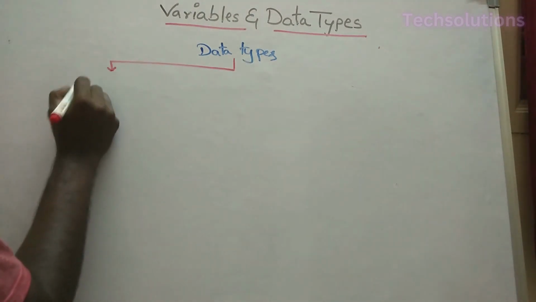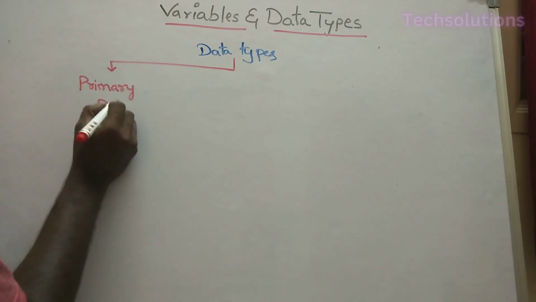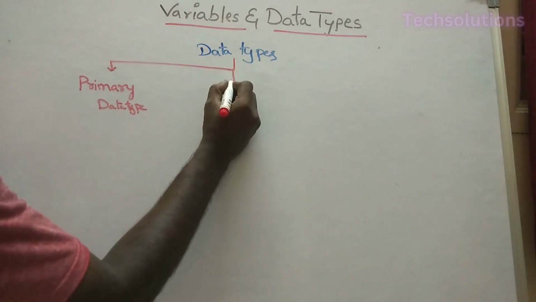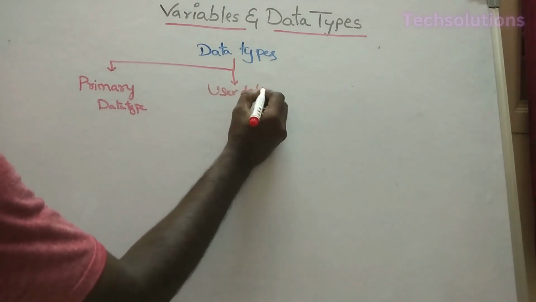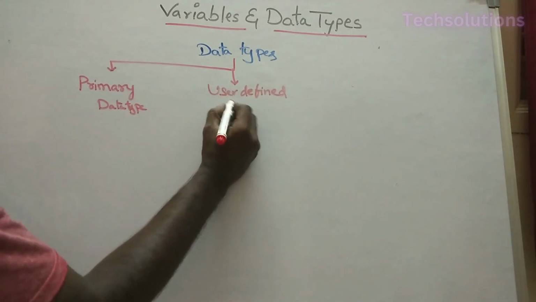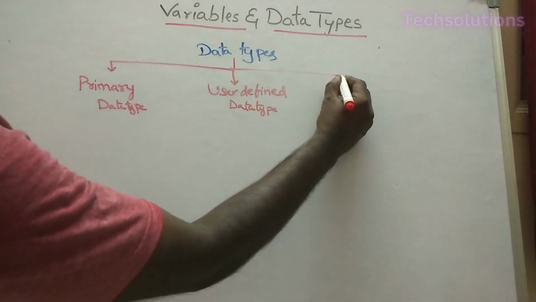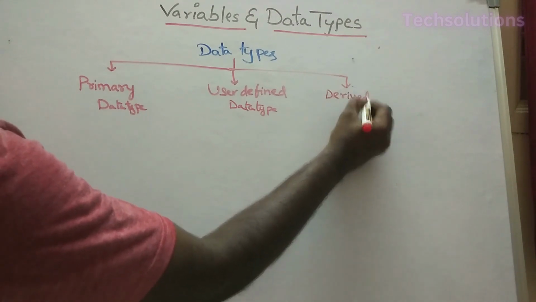The first one is the primary data type, the second is the user defined data type, and the third is the derived data type.